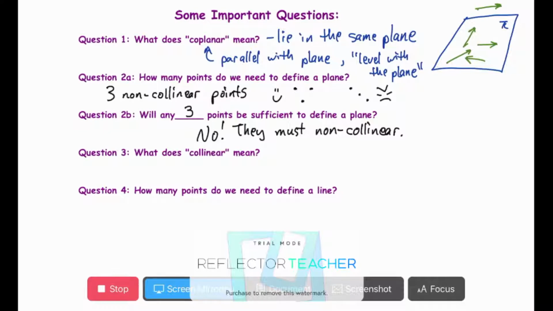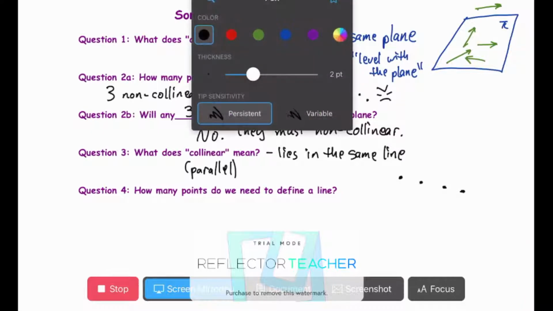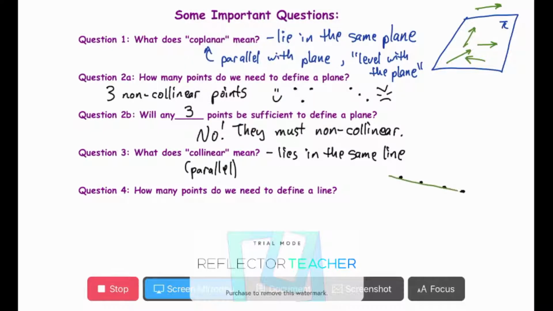What does collinear mean? It means lies in the same line. So if I can draw a straight line through all of them, kind of like a line of best fit, but like exactly, so it actually goes through them.